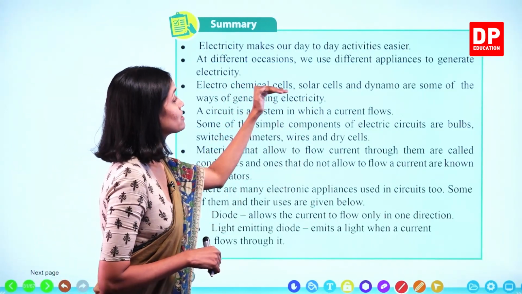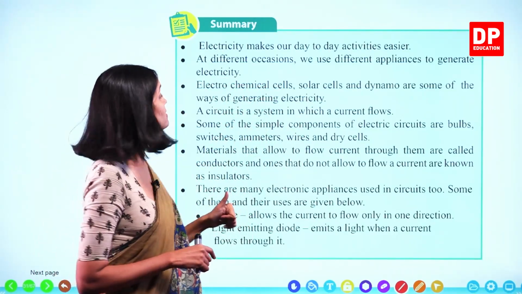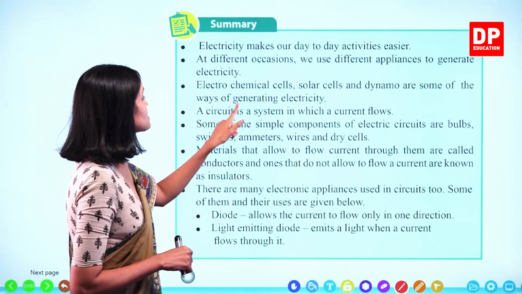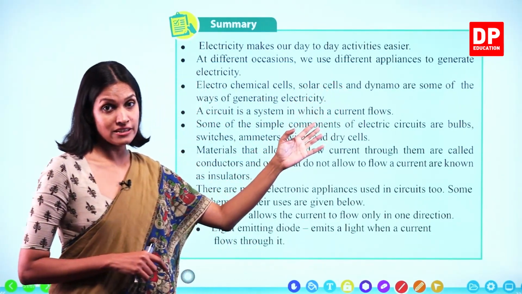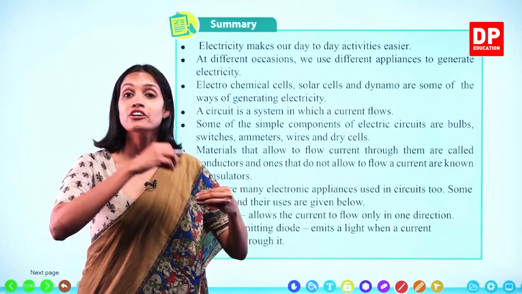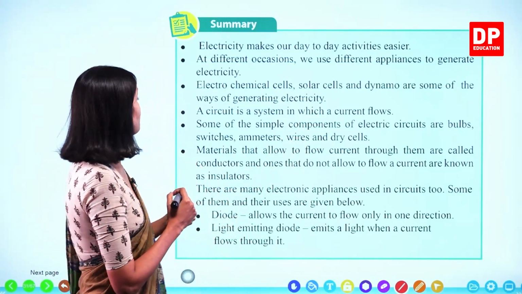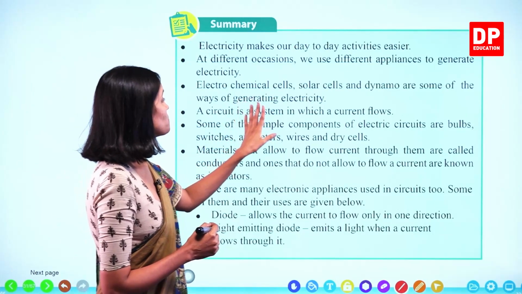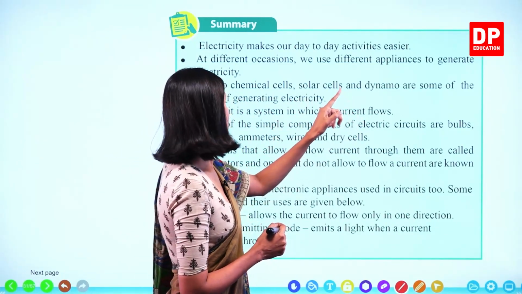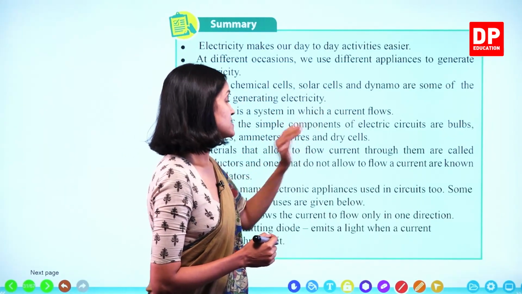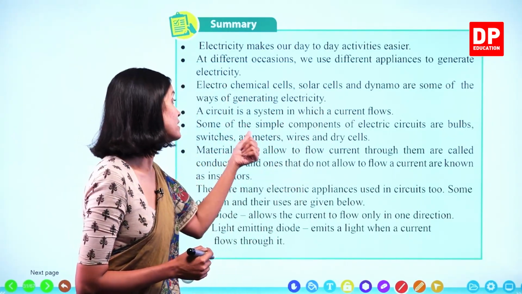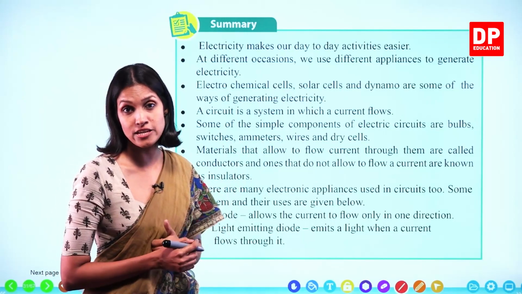A circuit is a system in which a current flows, and we learned that current flows through a closed circuit. Some of the simple components of electric circuits are bulbs, switches, ammeters, wires, dry cells, and further we learned about milliammeters and galvanometers as well.